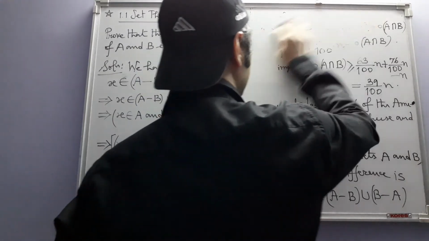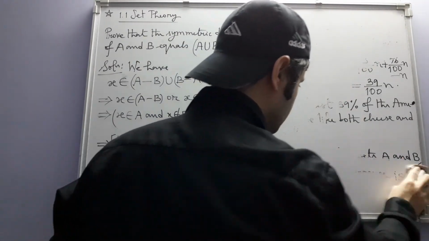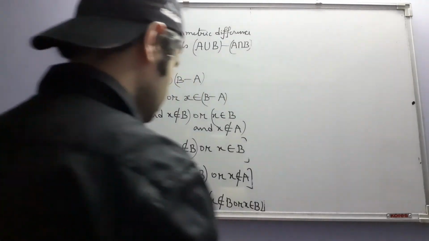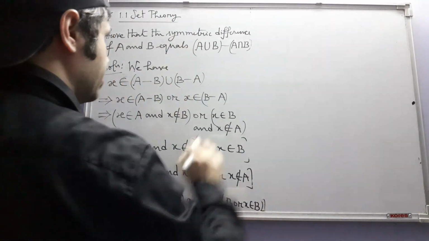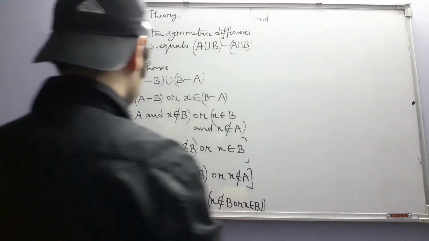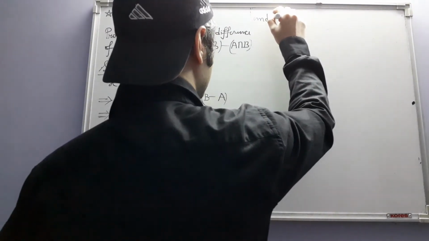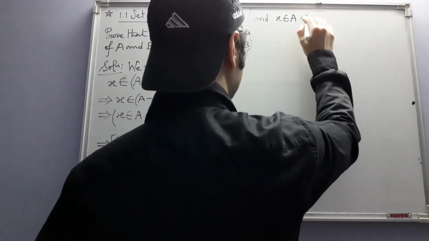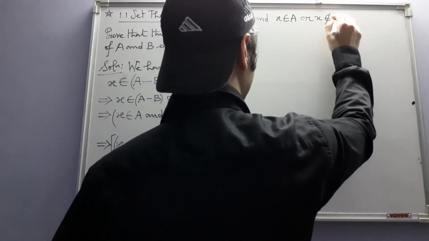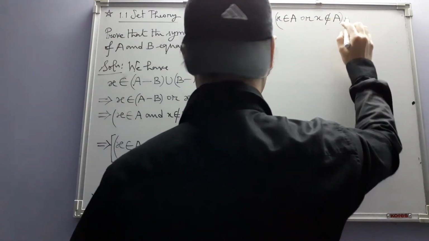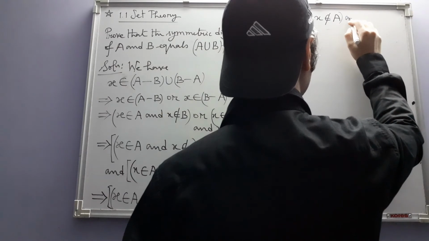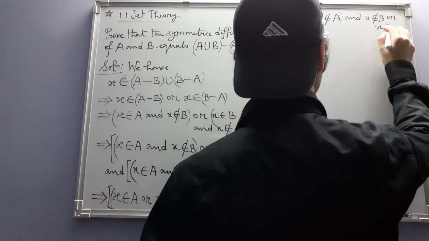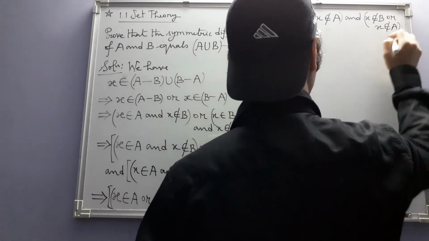We still have to write and just like that with this second one, x belongs to A, or x does not belong to A, and x does not belong to B, or x does not belong to A.